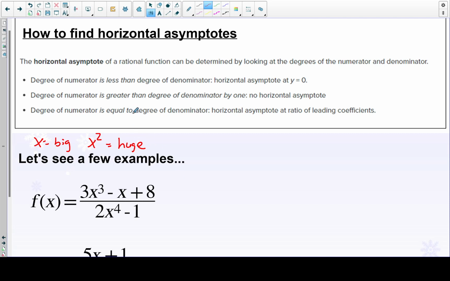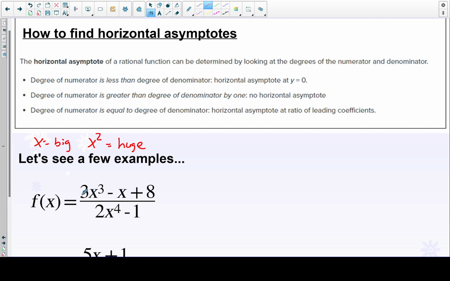So a good way to think about it is you look at these functions, right? And you have 3 times some very, very big number, x to the third. Some big number to the third power is going to be really, really big, right? And then x here is going to be big, but not as big as x to the third. So x to the third is going to drown these other terms out, and the plus 8 is going to do almost nothing.